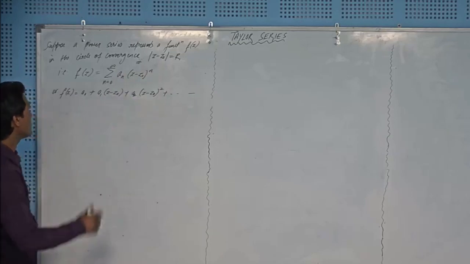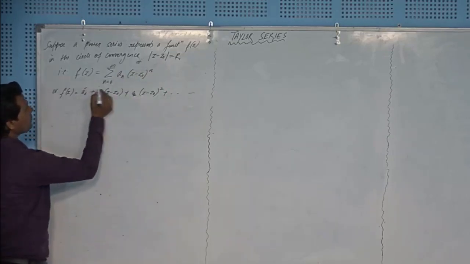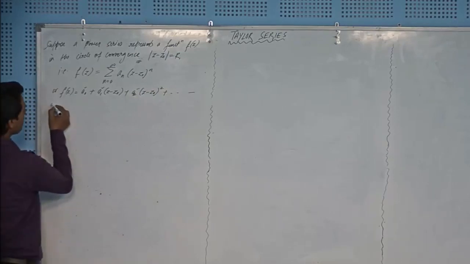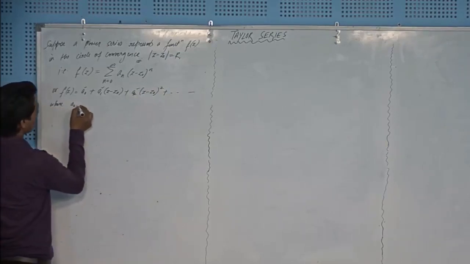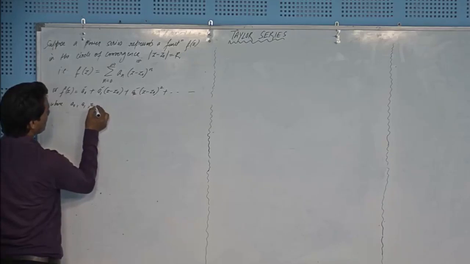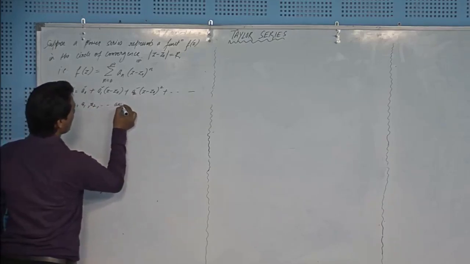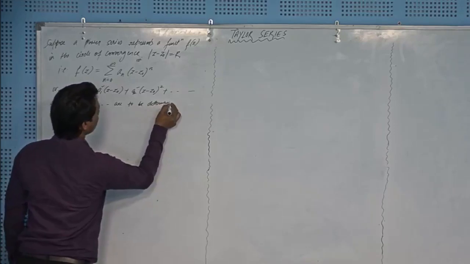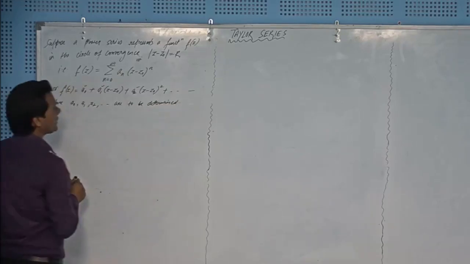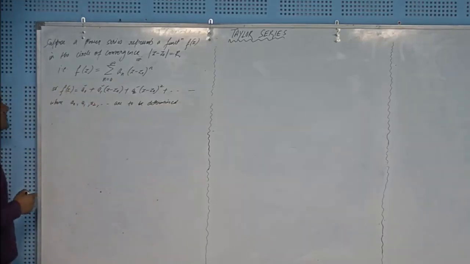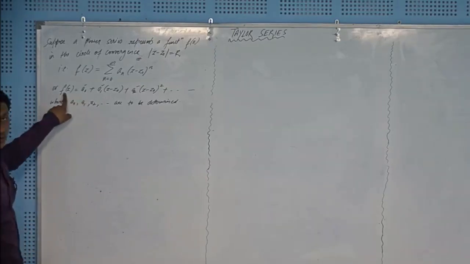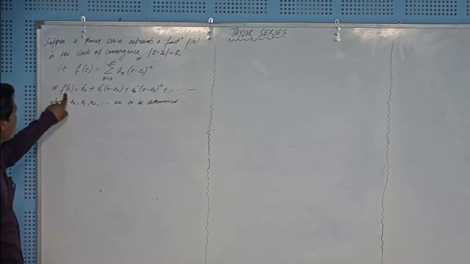So we want to find these coefficients a0, a1, a2, and so on, which are to be determined, right?